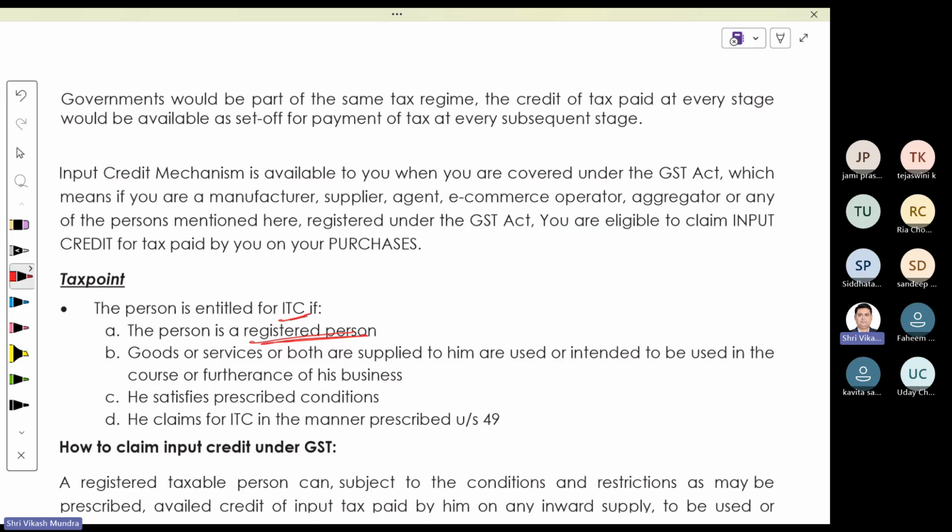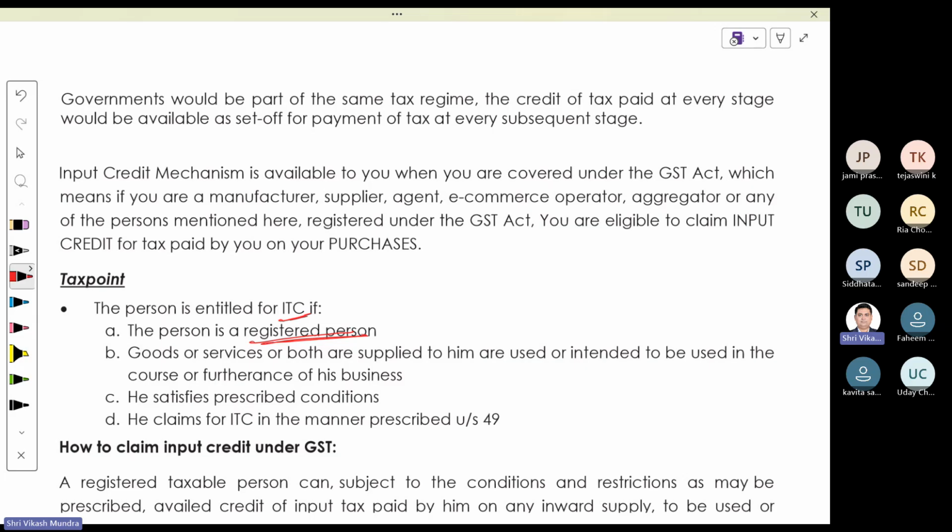Number two, ITC is available on acquisition, or I can say inward supply, of goods or services. That means at the time of purchase of goods or services, whatever amount of tax you are paying, you can claim as ITC, provided you are a registered person and those goods or services are used or intended to be used in the course or furtherance of business.